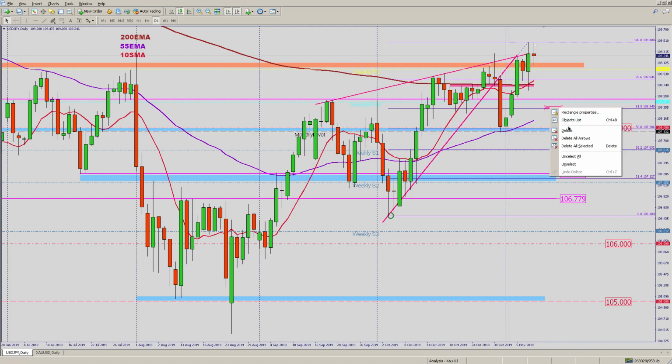So I think we can remove this intermediate zone. This is still going to be an intermediate support where the daily 200 EMA is.